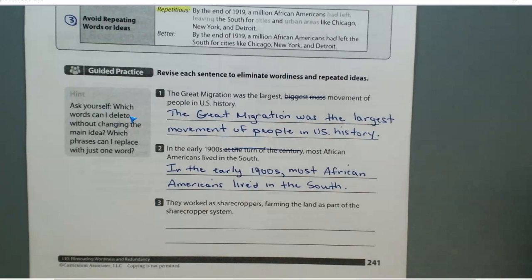Repetitive. It says sharecropper twice. Anybody that didn't sit in last period's class? What do we do? Sanaya, take a shot. No, we need farming. No, we need that.